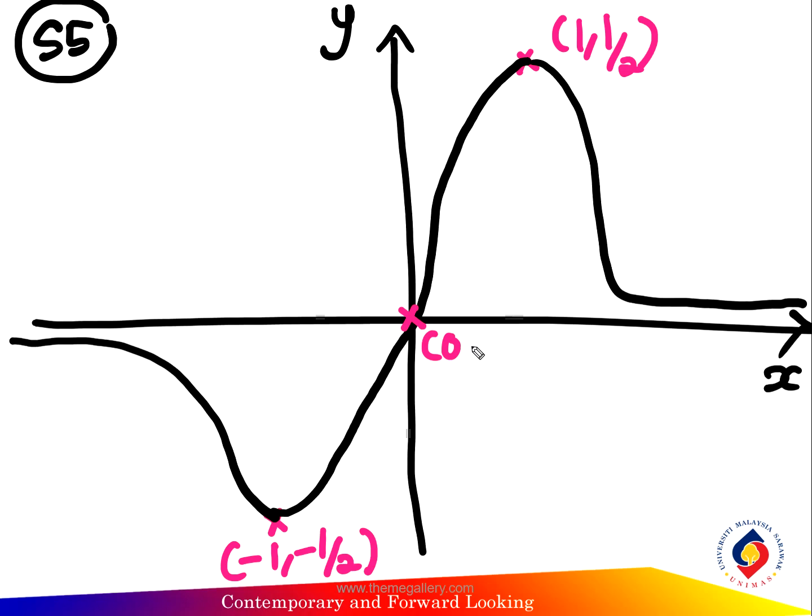So you plot the intercept of the function here at the origin, and the relative maximum point (1, 1/2), and graph here to positive infinity.